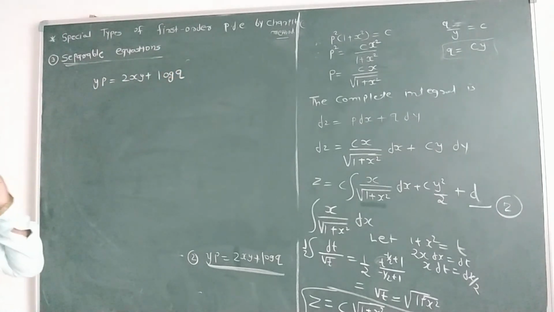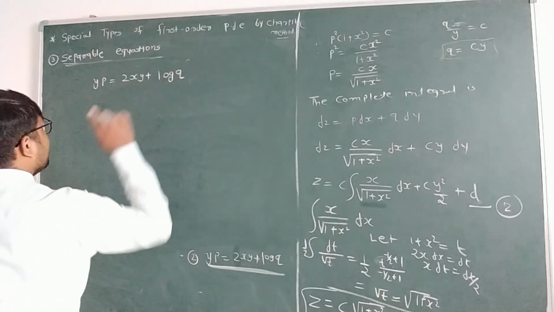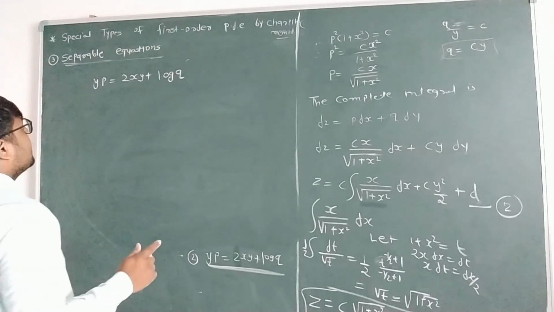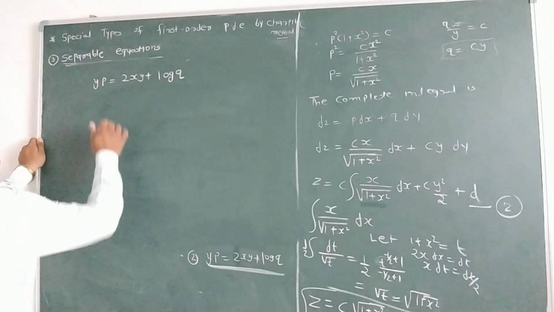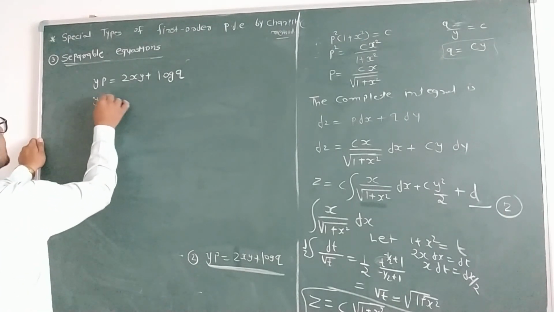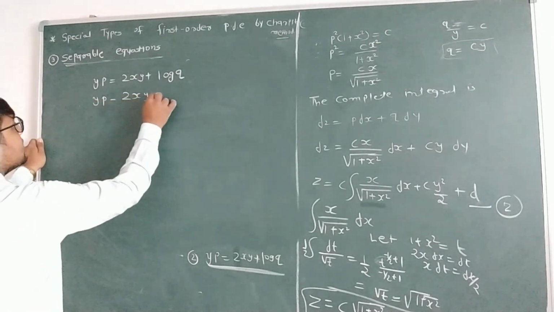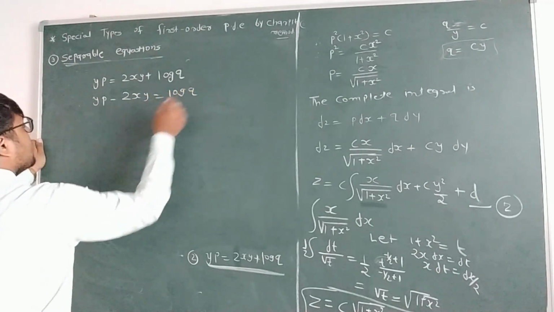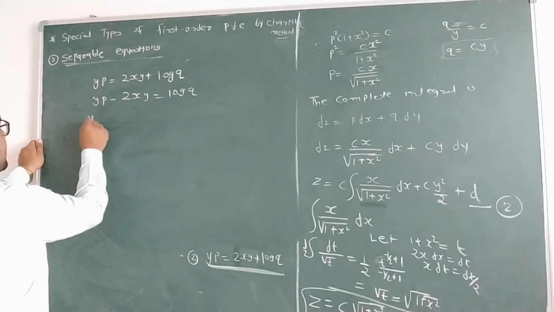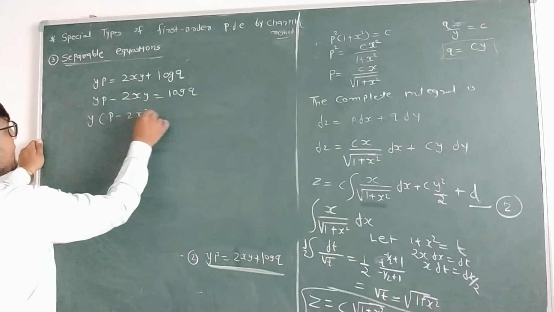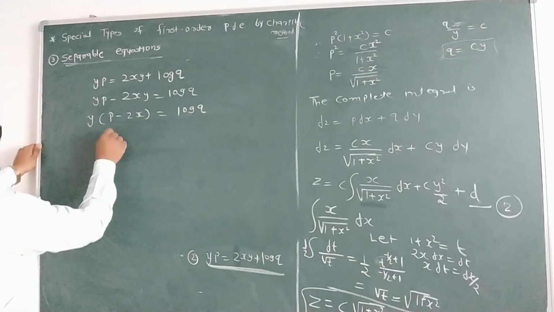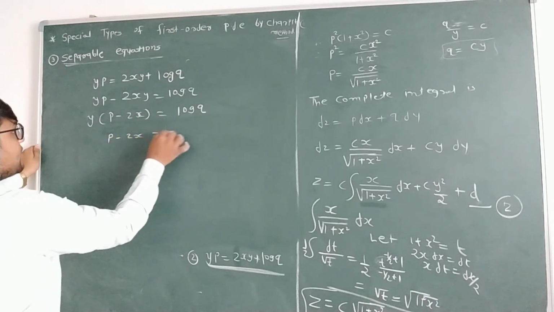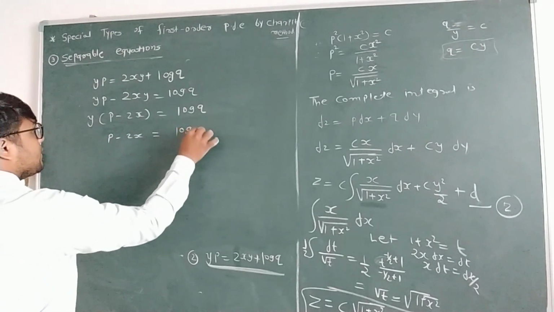So here you can see that this is a separable equation which does not involve the dependent variable z, and we can separate the equation into a function of x and p and a function of y and q. So for this, yp equals 2xy plus log q. Taking y as common, we get y into p minus 2x equal to log q. So divide by y, we get p minus 2x equals log q by y.